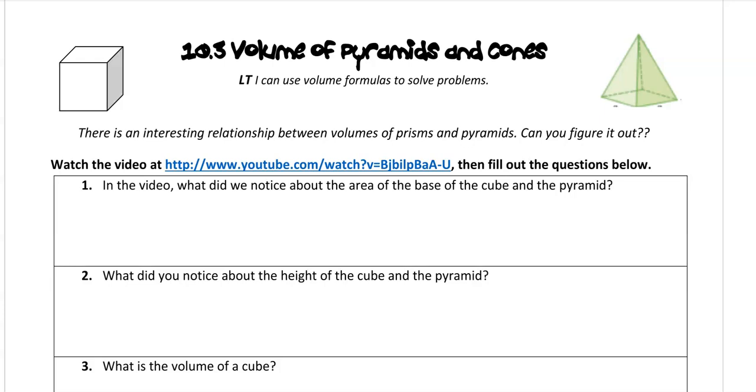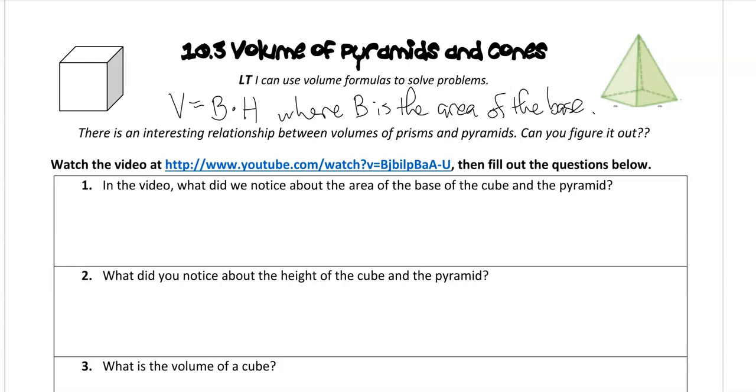The only thing that changed was the capital B. So if you remember, we had V equals capital B times capital H, where B is the area of the base. Once we figured out what the base was, we had to find the formula for that area, and then we could calculate the volume.